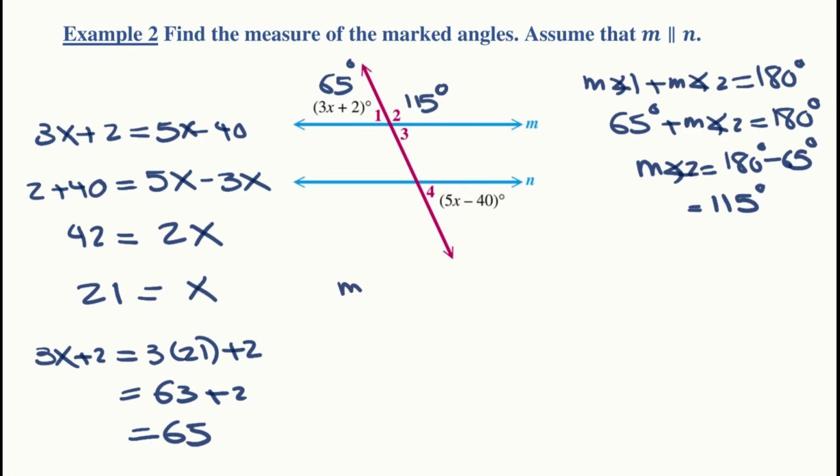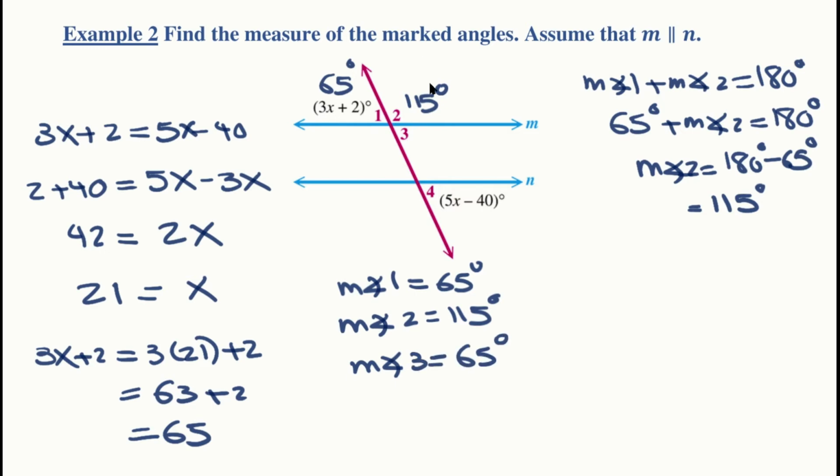So let's keep track of them. So we know that measure of angle 1 is 65 degrees. Measure of angle 2 is 115 degrees. Notice that we know that angle 1 and angle 3 are congruent because those are vertical angles, right? So we have measure of angle 3 is also going to be 65 degrees.